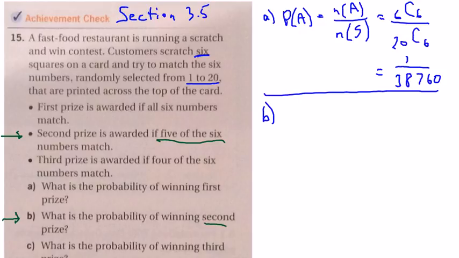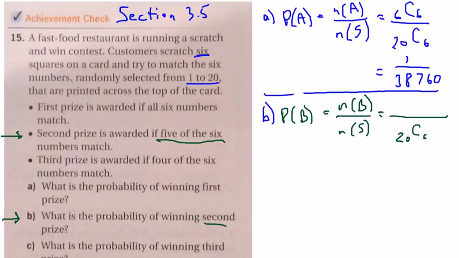And so we're going to call this event B. The probability of event B is related to the number of ways event B can happen divided by the number of ways in the sample space. The sample space is still, well, I was going to say 38,760, but it's still 20 choose 6.